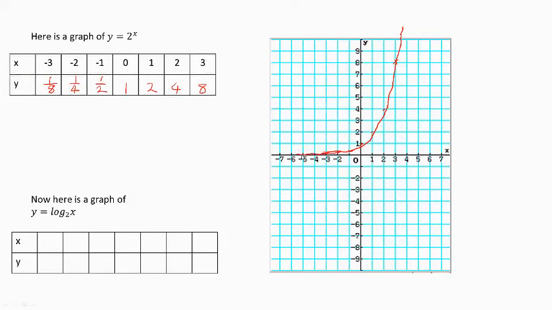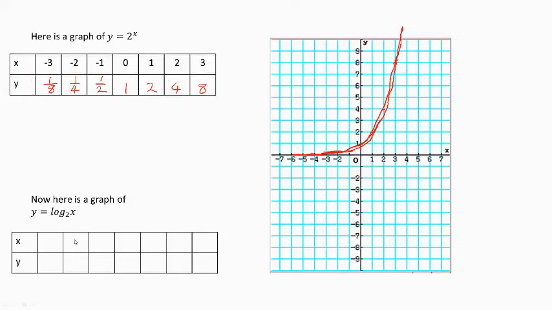It gets closer and closer to the x-axis here, and as I go further in the positive, it gets higher up. The important point goes through x equals 1. So let's try and draw that a little bit better, perhaps.